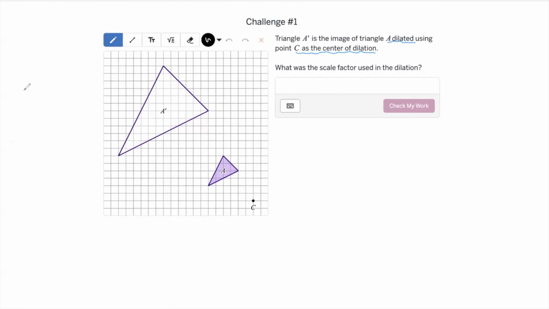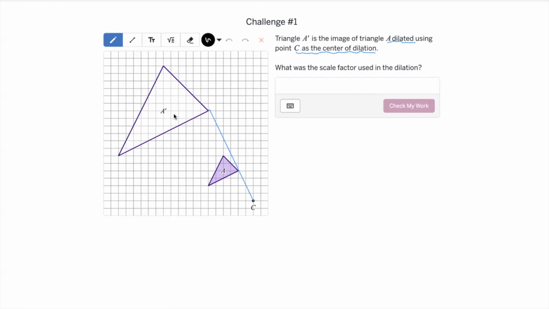Okay, let's see if I have a little line tool. Yes. So I'm going from point C to the first shape and then to the second shape. There we go. It's good enough.